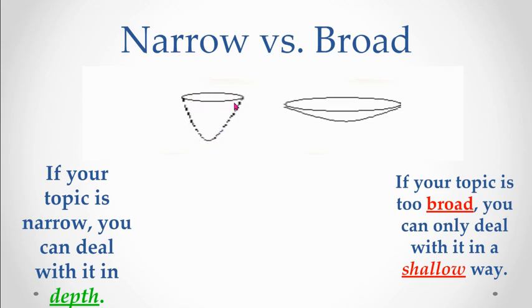Because it's narrow, it's focused, it's specific, it means you can dig nice and deeply into that topic and find as much information and do as much analysis and evaluation as you can. If it's too broad, like this dish on the right hand side here, you can only really get into that topic in a superficial way because you're trying to cover too much information with not enough words. So it becomes a very shallow analysis, a very shallow investigation.